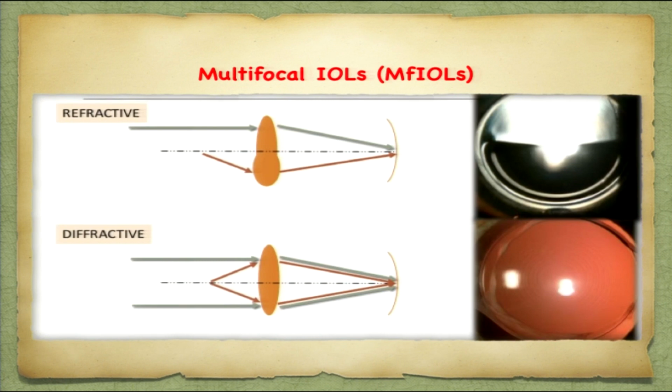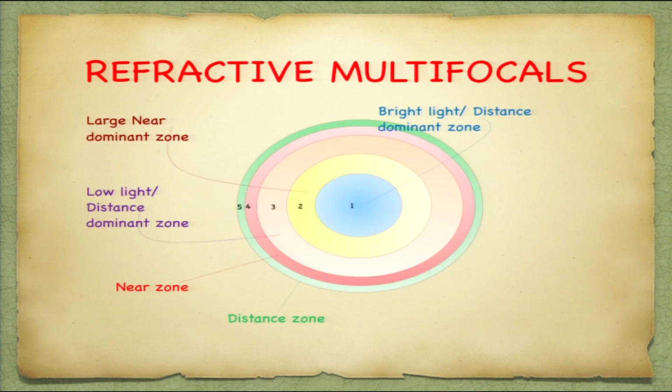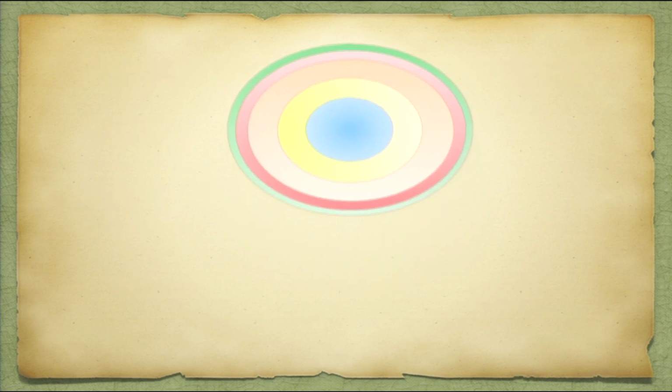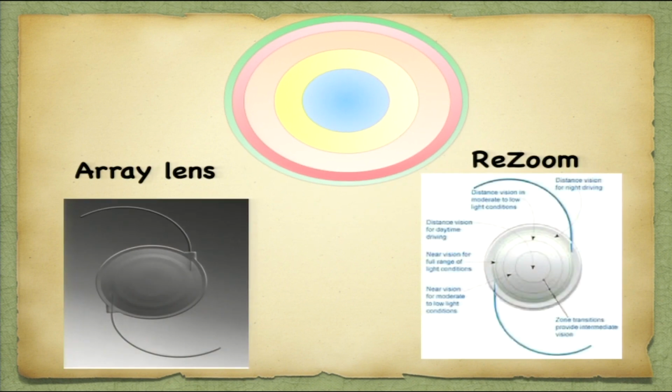Multifocal IOLs are classified according to their optical principle: refractive multifocal IOLs work on the refraction principle, and diffractive multifocal IOLs on the interference of optic wavefronts. Refractive multifocal IOLs have different annulus designs from center to outside, one for distance and one for near, with an aspheric design. The rotationally symmetrical refractive multifocal IOLs presently in the market are Array and ReZoom.